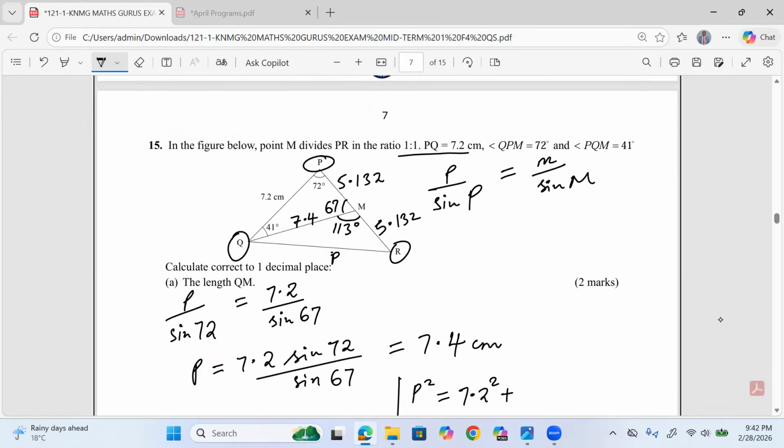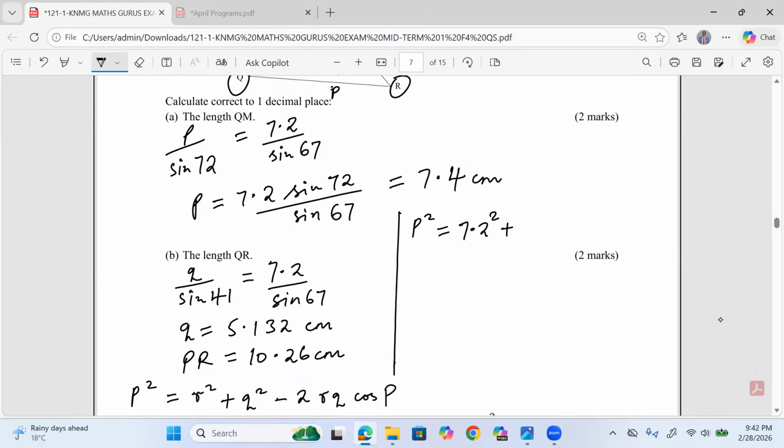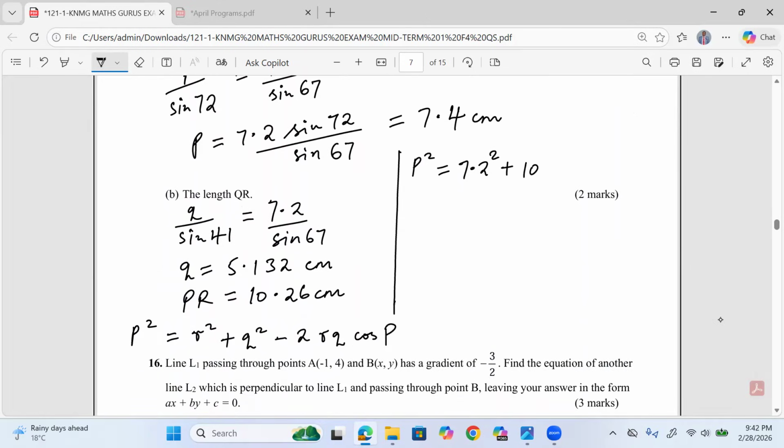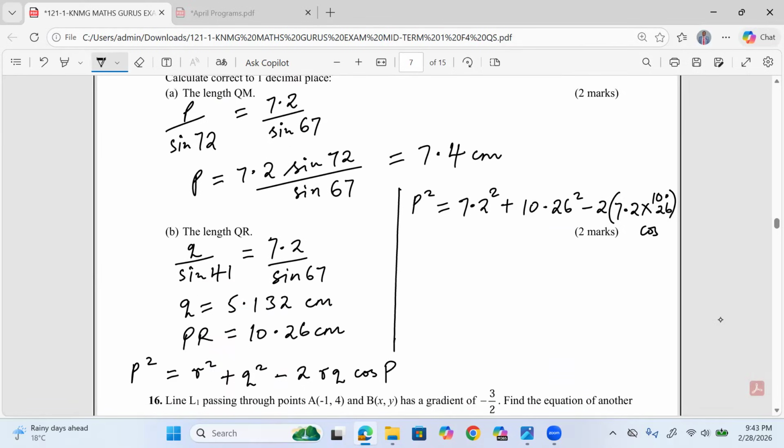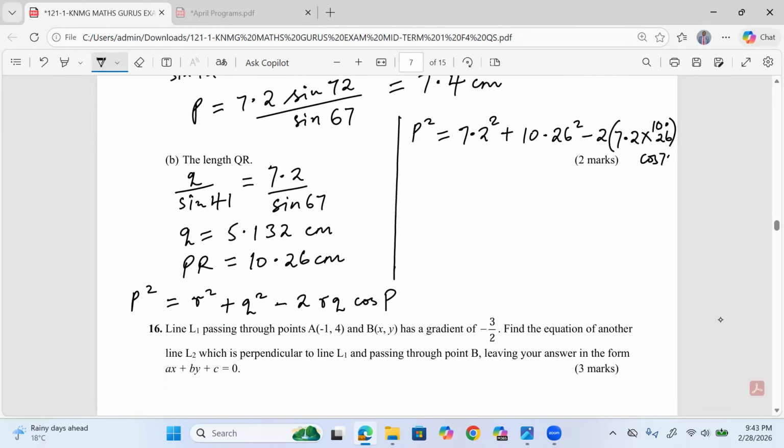Q is here, so the opposite length to Q is 10.26 squared, minus 2 multiplied by 7.2 times 10.26, then cosine of the angle at P. The angle at P is 72, so cosine of 72.